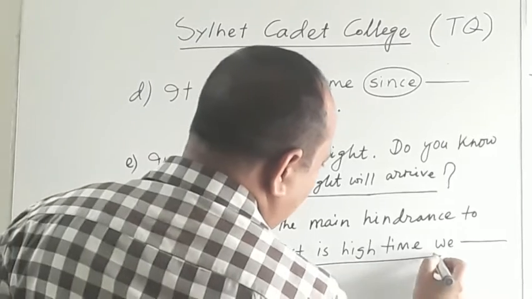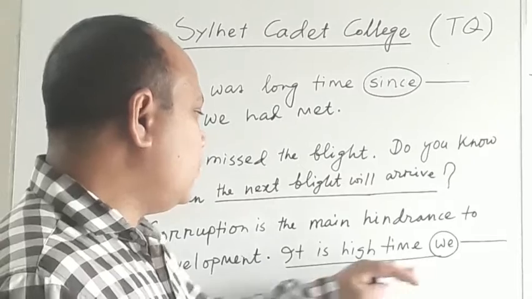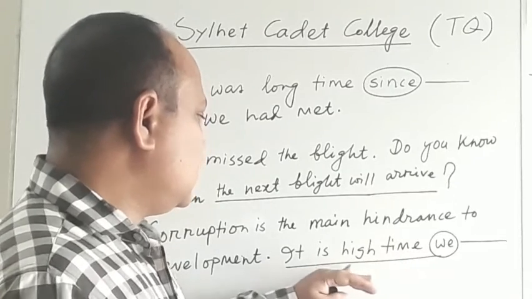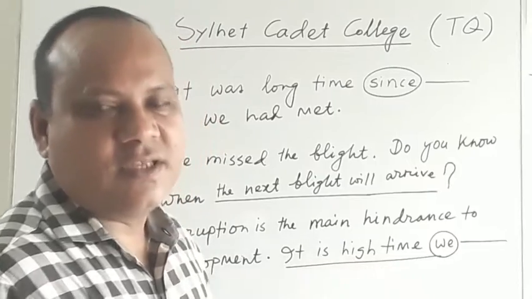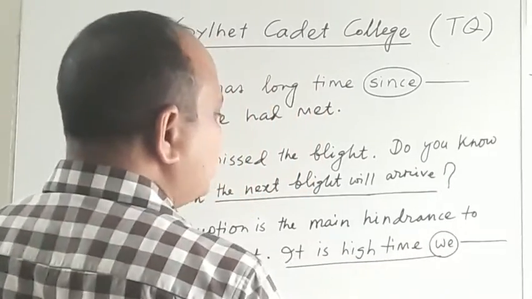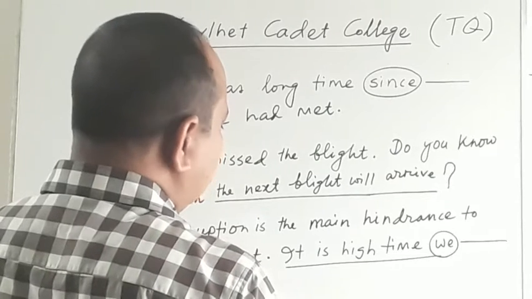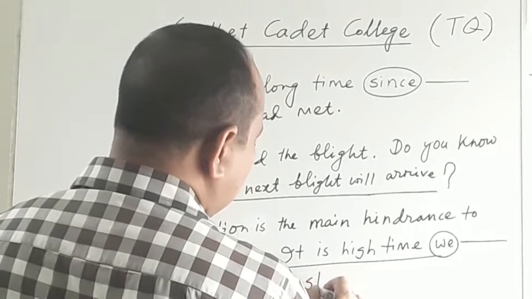It is high time we. So you have already known that if we follow any, like it is high time, it is proper time, it is right time, you have to use V2, that is the past form of the verb. So it is high time, what can we do?